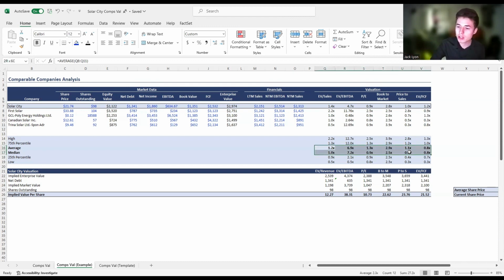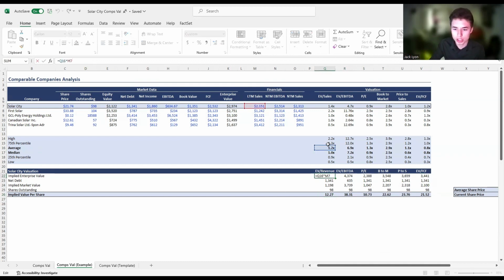Okay? Once you've selected whether you want to use the average or the median, you're going to look down here and all of these are going to auto-populate and give you implied value per share. This is an implied share price. It's very simple how this is calculated. We're taking the average multiple of the industry and applying that to our selected firm's sales.